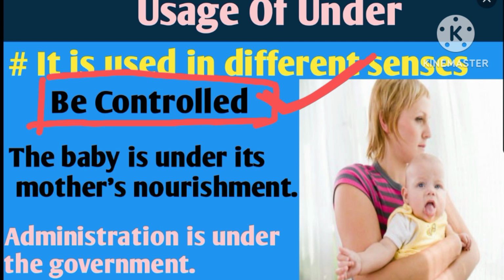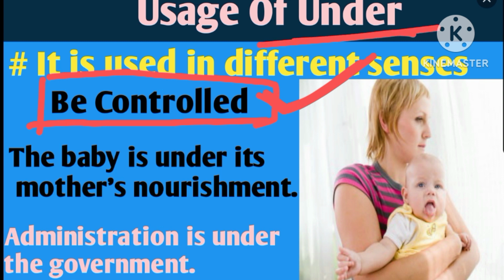That means we are working under someone. That means some other person is in charge of us. That means some other person is controlling us. In this sense we can use under.